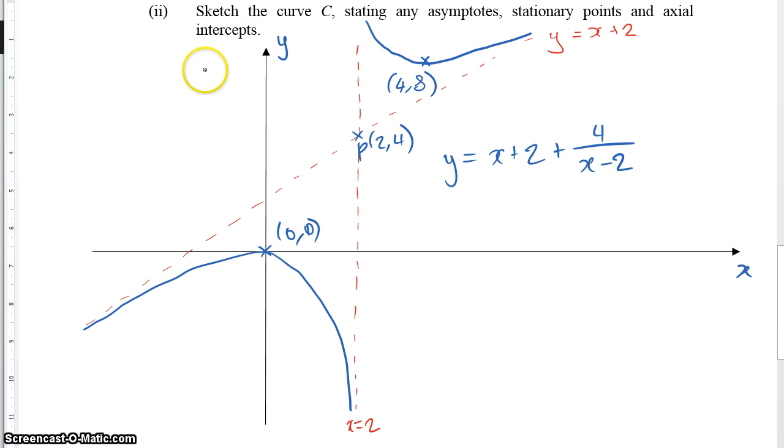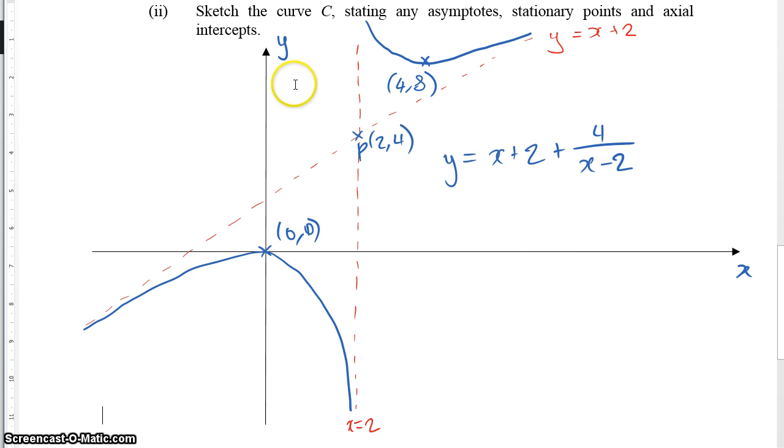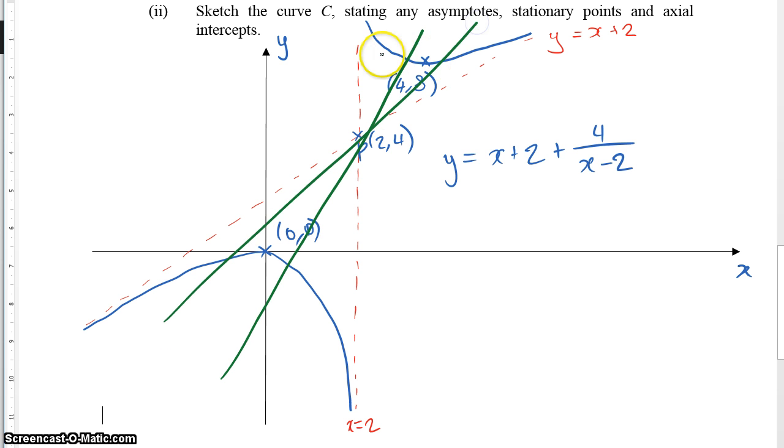So if I drew a line like this, that's meant to be straight, obviously it doesn't cut the curve. Similarly, something like that, passing through that point, also wouldn't cut the curve. So what would cut the curve then? Something that looked like this, that would pass through these points here. Or like this. These lines would cut the curve in a couple of places, so I don't want them.